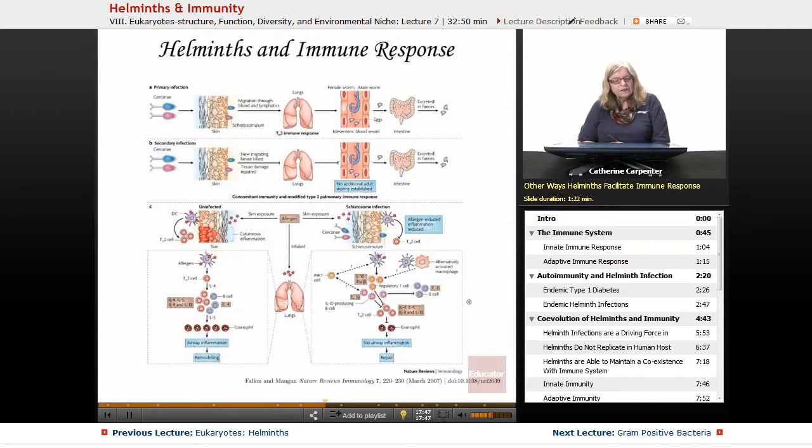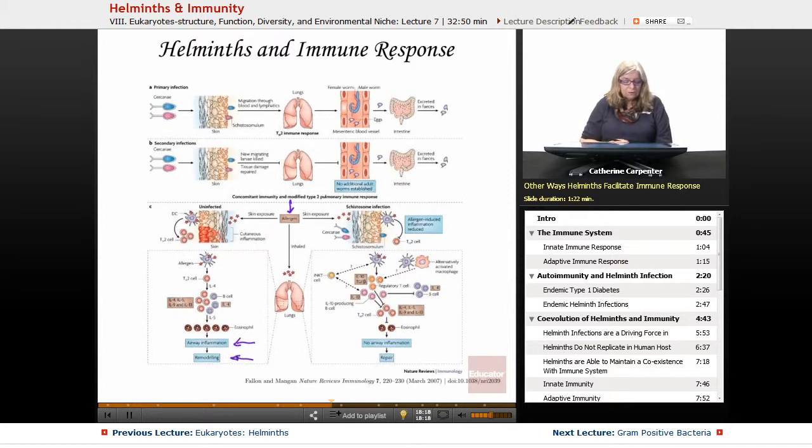So other ways that helminths facilitate these immune responses are these various ways presented here on the graph. And this is actually directly related to pulmonary immune responses and in relationship, again, to these allergens, right? So with a skin exposure to an allergen, for an individual who's not infected, you can get airway inflammation and remodeling.